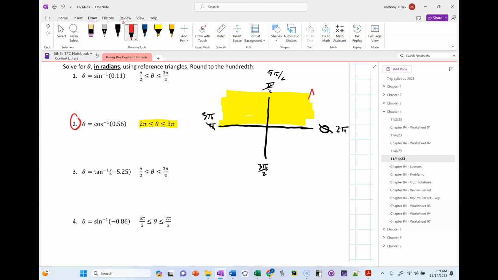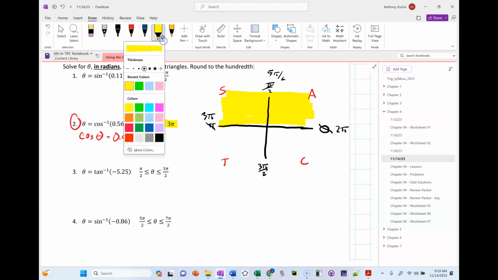Then I'm going to do my all silly turtles crawl. I observe here that cosine inverse of 0.56 is the same thing as saying cosine of theta equals 0.56. So that's positive.